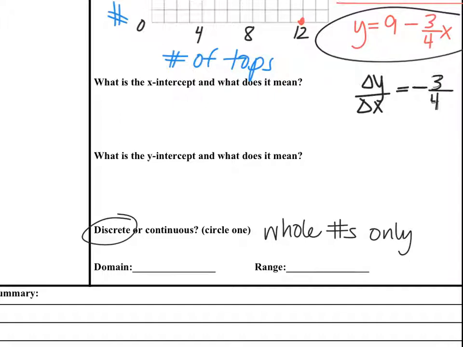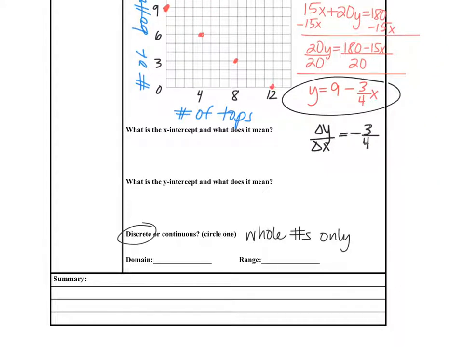The x-intercept is 12, 0. It's this point right here. What this means is that you can buy 12 tops and 0 bottoms for $180.